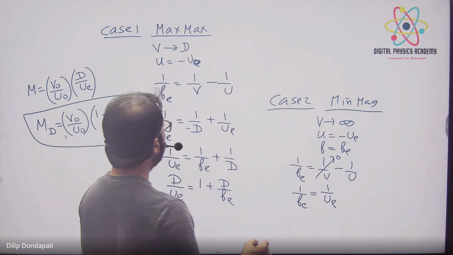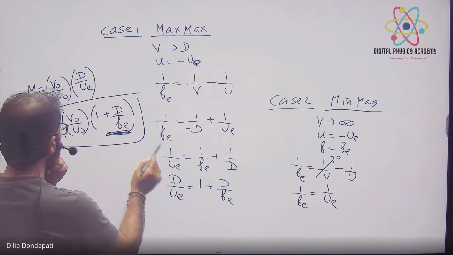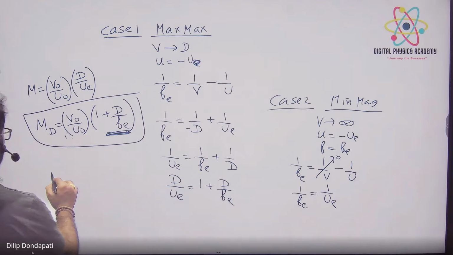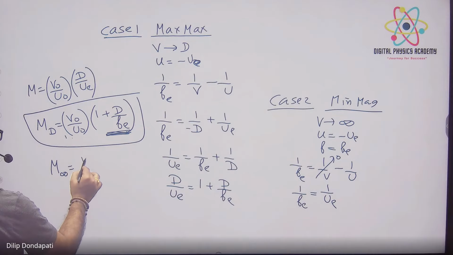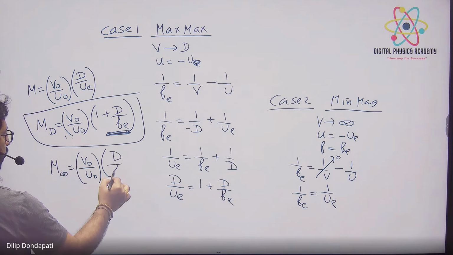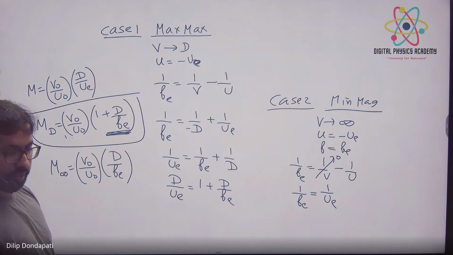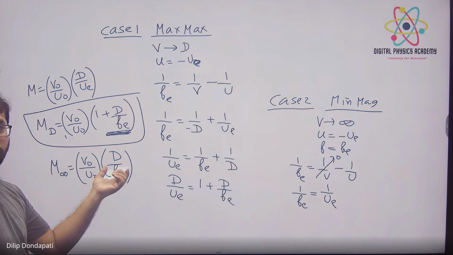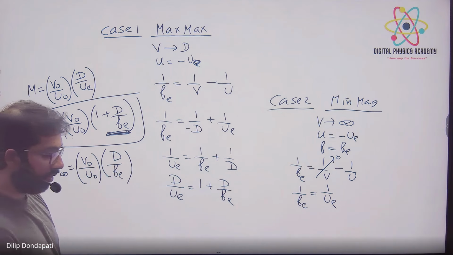Substitute here in place of 1 by UE. The magnification formed at infinity is VO by UO into D by FE. For minimum magnification we use the simple microscope formula, which is D by FE.